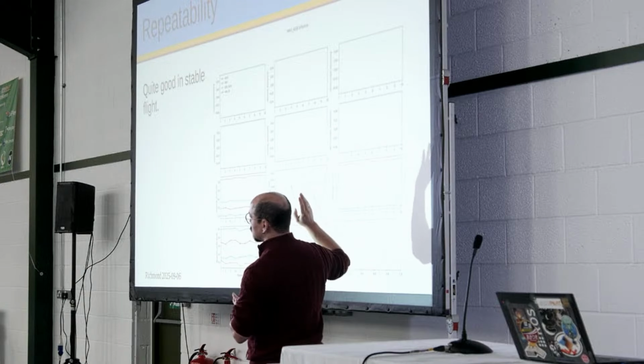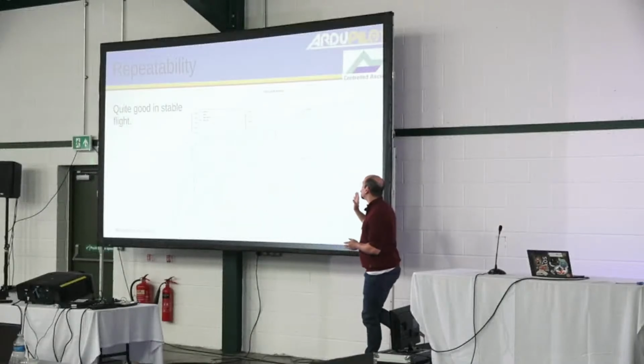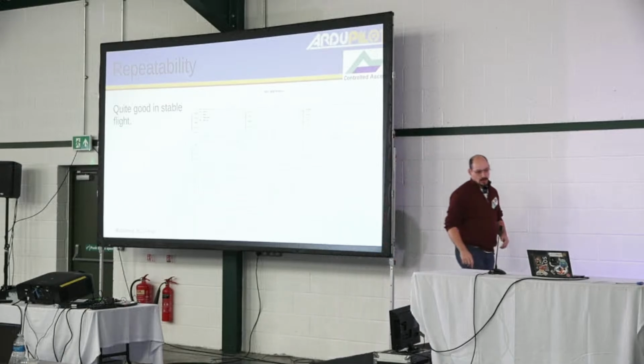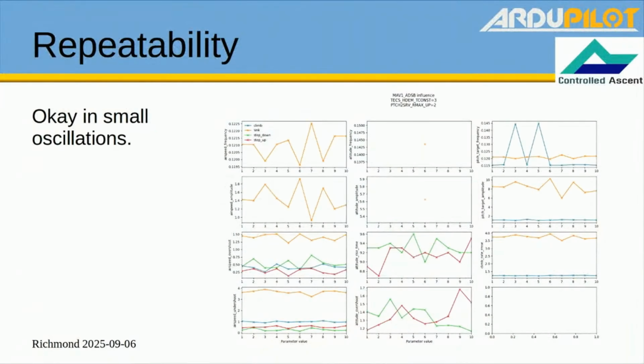And since this is a stable tune, you see no oscillation on the top rows. For a not so stable tune, where, for example, the time constant was set to something small and the pitch response was set to very weak, we see oscillations recorded, which are also reasonably repeatable.